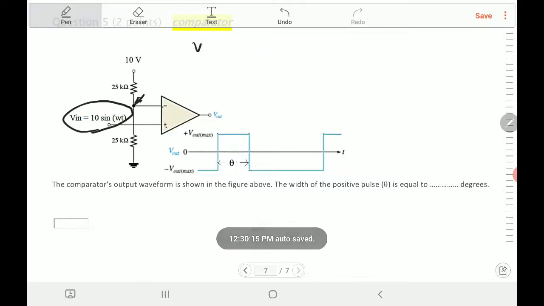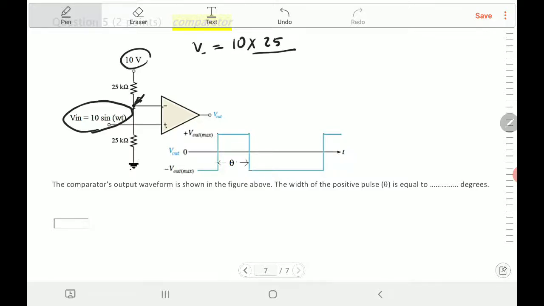It is from this point to the ground, so it's across the 25 kilo ohm. And the total voltage applied to the circuit is 10 volts. So it will be 10 times this resistance from this point to the ground, which is 25, divided by the sum of both resistances, 25 plus 25. So the answer will be 5 volt.